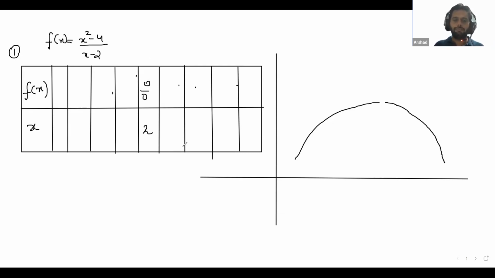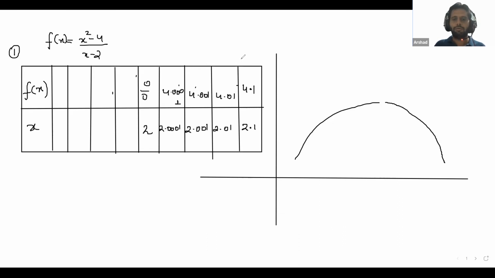Now, if we go on the right side of this 2, right side means if you put a value 2.1 here, then the value you will get is 4.1. If you put 2.01, you will get 4.01. If you put 2.001, you will get 4.001. Then 2.0001, you will get 4.0001.